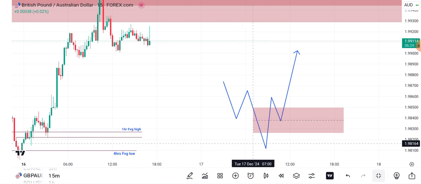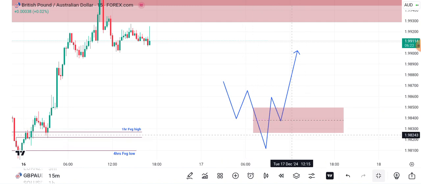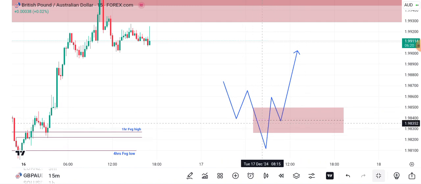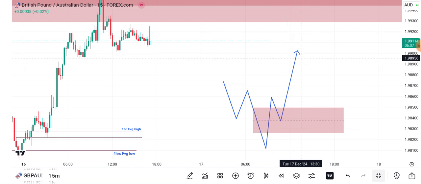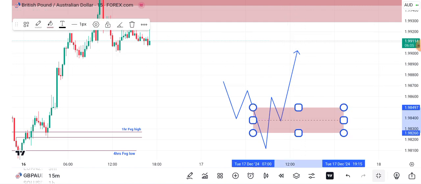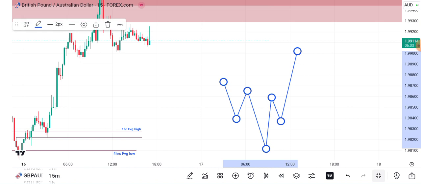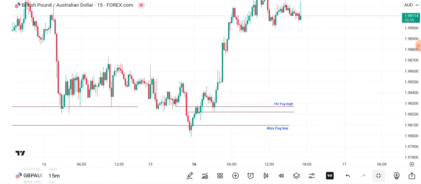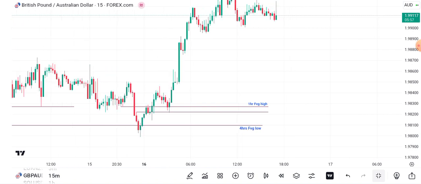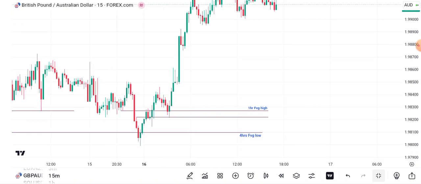Price entered into a probably higher time frame fair value gap and invalidated this nearest fair value gap. What you should expect is that after price had invalidated it, it will come back inside and then cause price to go higher from there. Just a simple illustration that will give you a feel of what price does, and it makes a whole lot of sense seeing it this way.